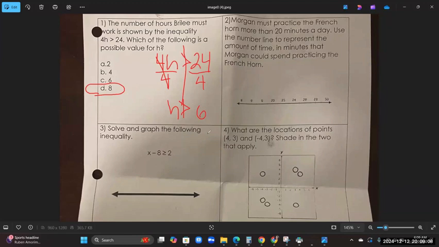All right, number 2. Morgan must practice the French horn more than 20 minutes a day. Use the number line to represent the amount of time in minutes that Morgan could spend practicing the French horn. 20 minutes a day, more than, so that would mean we would need an open circle.